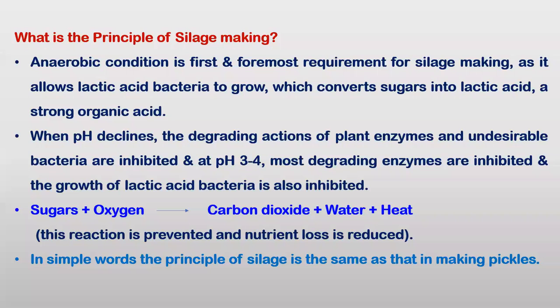This reaction is prevented and the nutrient loss is reduced. So in simple words, the principle of making silage is similar to the principle of making pickle. So we can say that silage is a pickle for ruminants or for livestock.